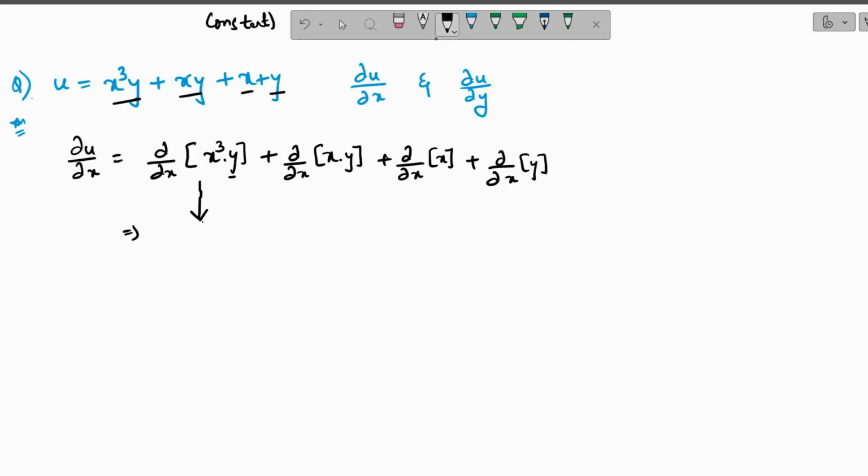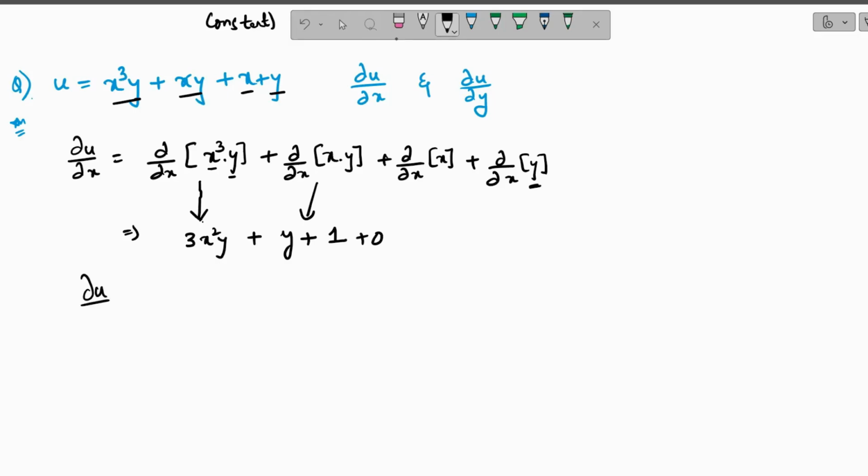This term is equal to three x square y. Okay, because only x should be differentiated, y is constant. What is this term? It is equal to y. So differentiation of x is 1. Here this is a constant, so it will be equal to 0.